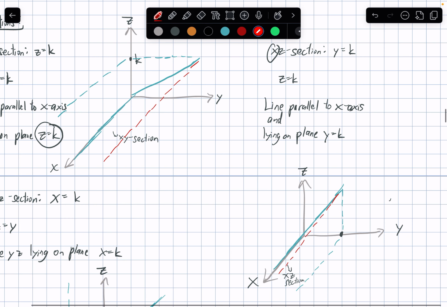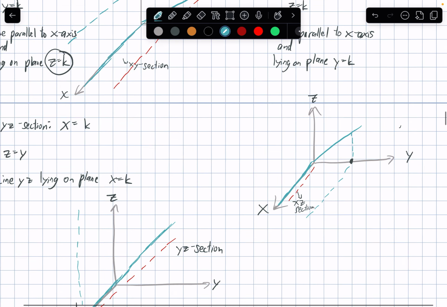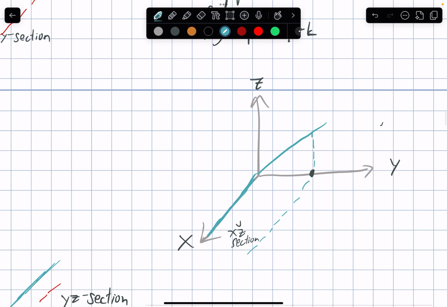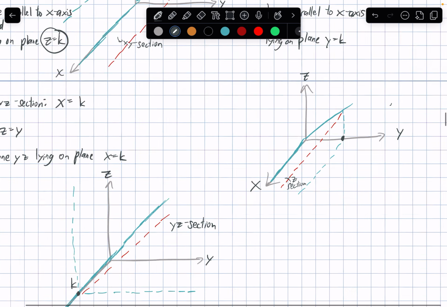How about for the second section, XZ? Let's fix this. There you go. Okay, and then there you go. Okay, so that is the XZ section.